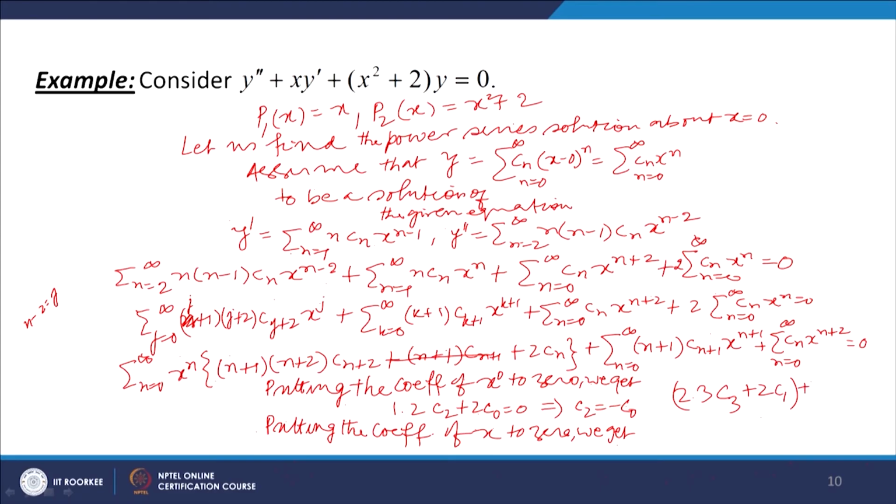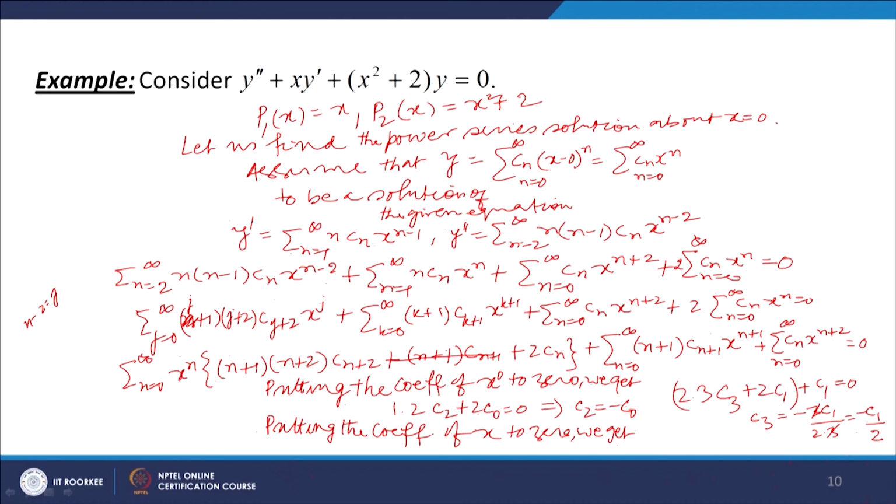So, we get 1, and then n equal to 0 means C1. This is equal to 0, x term is not here. So, we get 2 into 3 C3 equal to minus 3 C1. So, C3 equal to minus 3 C1 divided by 2 into 3. So, that means minus C1 by 2.